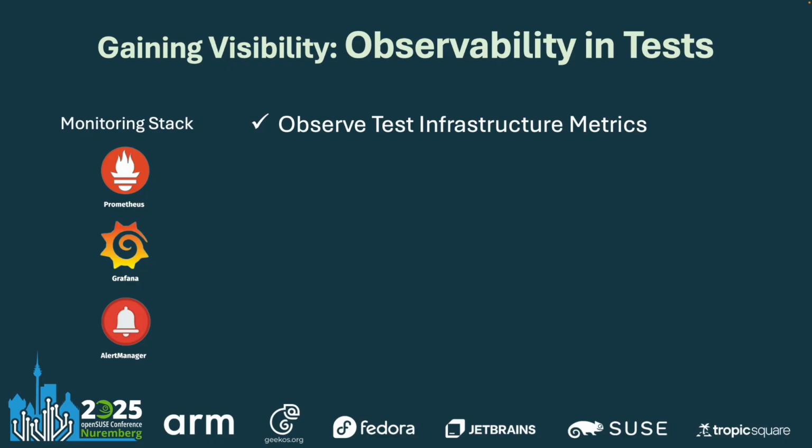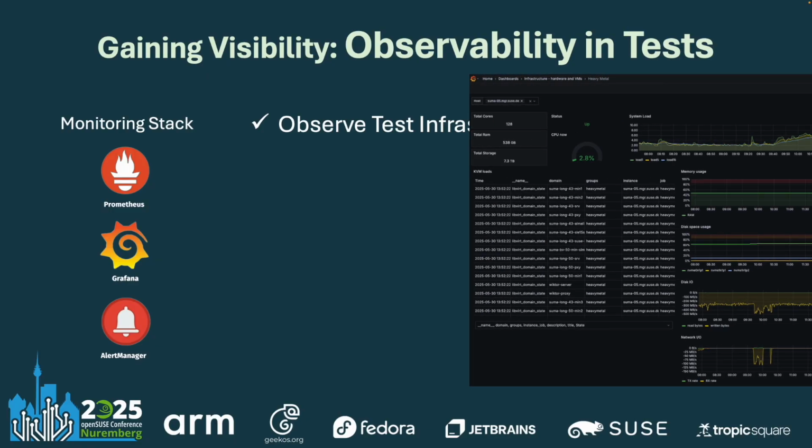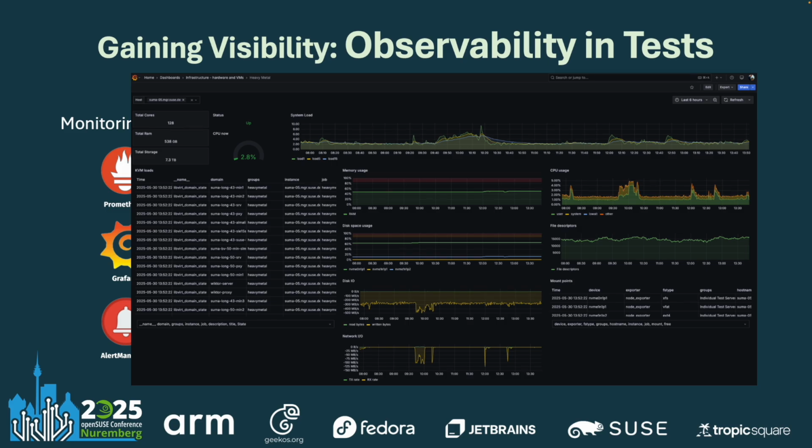So, what are we observing? First, we start watching our test infrastructure metrics. This helps us understand if problems in the system itself, like an overloaded KVM host, some kind of disk issue, or network issue, are affecting how reliable or fast our tests are.